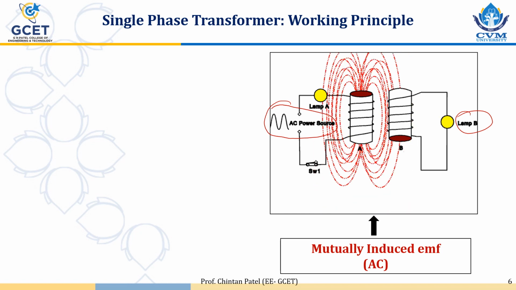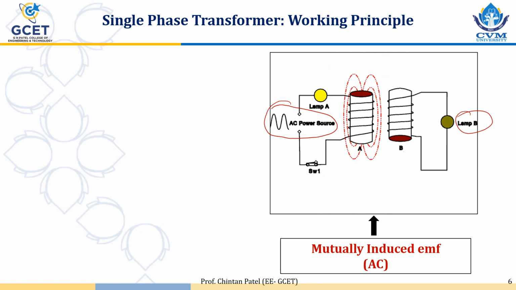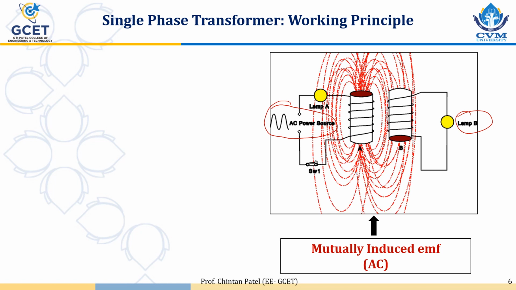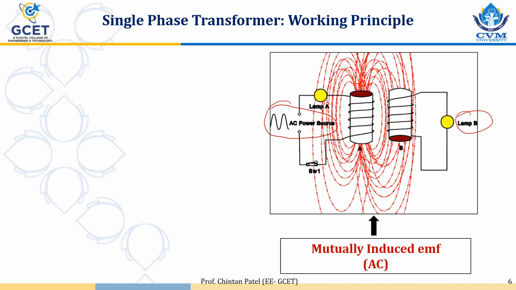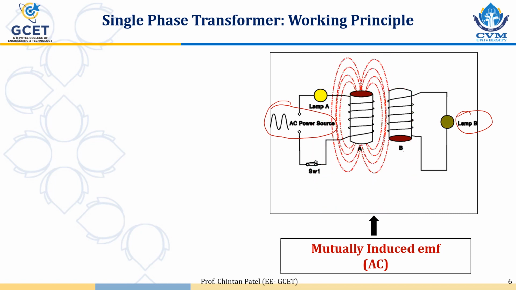And due to that, the flux linkage with the secondary winding is also continuously changing. And as per Faraday's law, whenever there is a change in magnetic flux linkage, an EMF is induced in it. So due to the continuously varying magnetic flux linkage, EMF is induced continuously in the secondary winding.